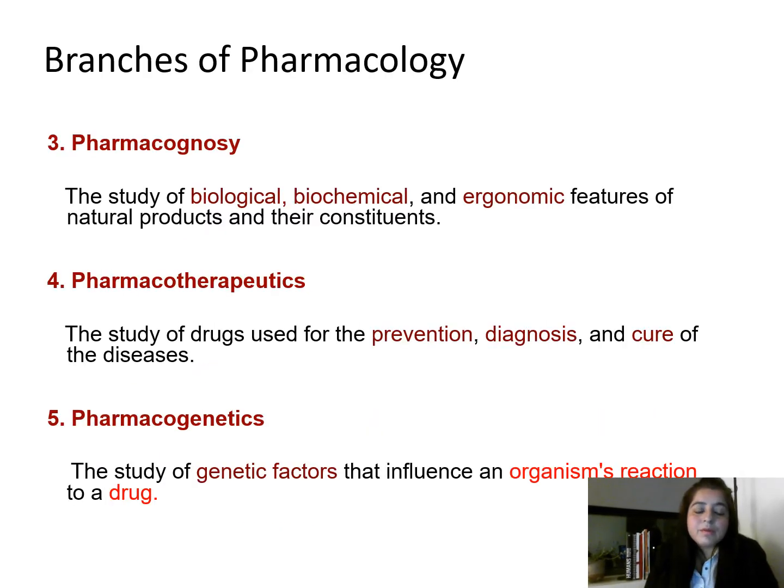And now we will be studying the branches of pharmacology. We have already studied what pharmacology is. Pharmacology is a branch of science in which we study all aspects of the drug. It is subdivided into many different branches, and each branch specifically deals with one aspect of a drug.